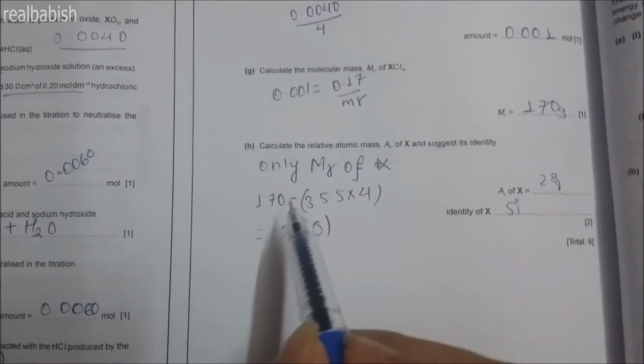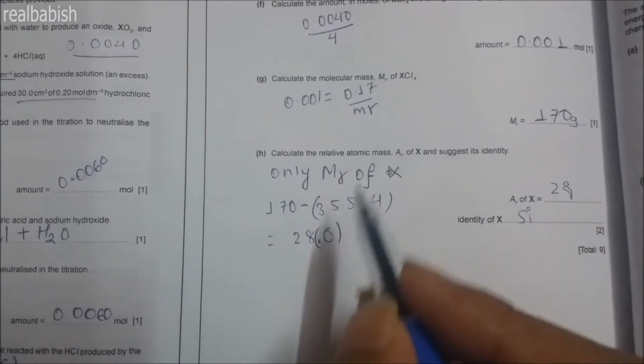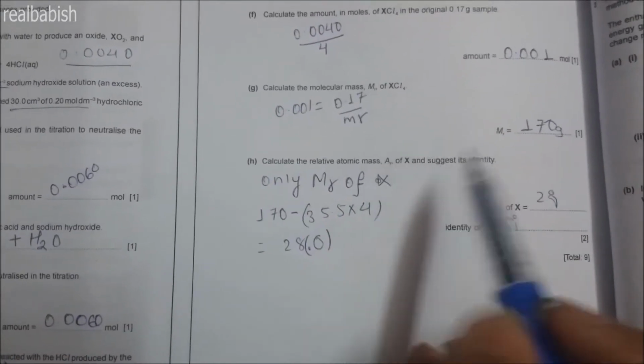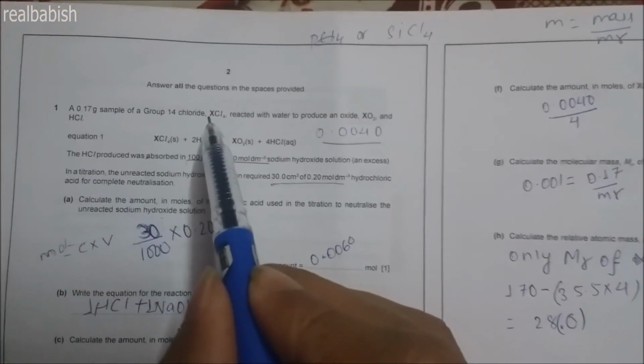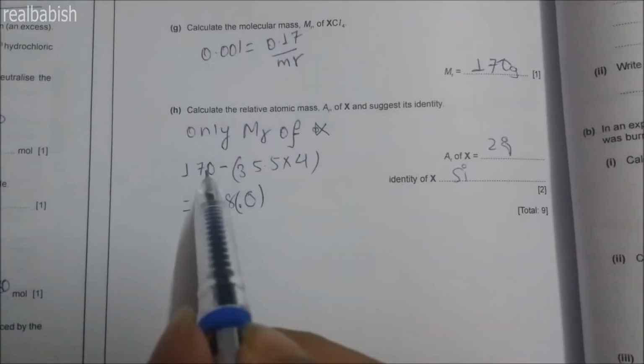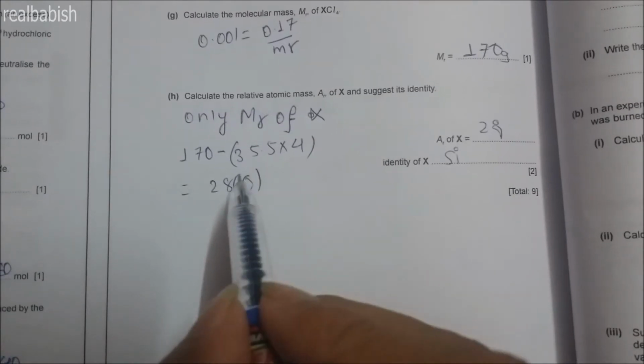So if we subtract the mass of 4 chlorine atoms from the total MR of this compound, then we will get the AR, or mass, of X. We did the same here, and 28 is our answer.